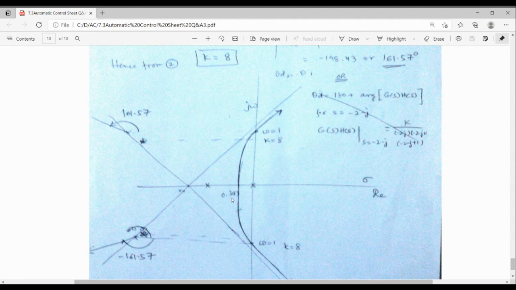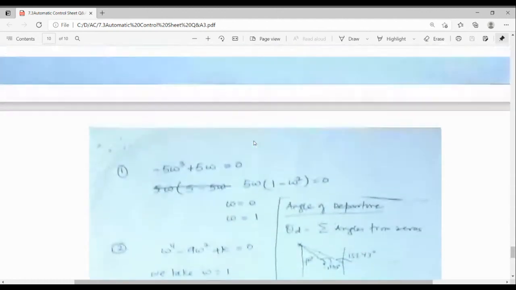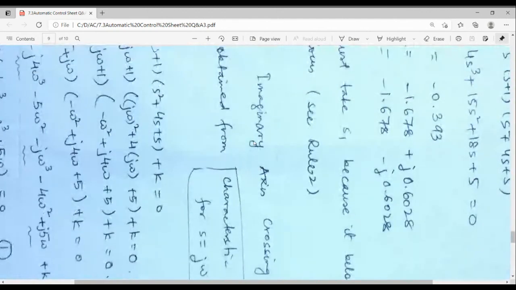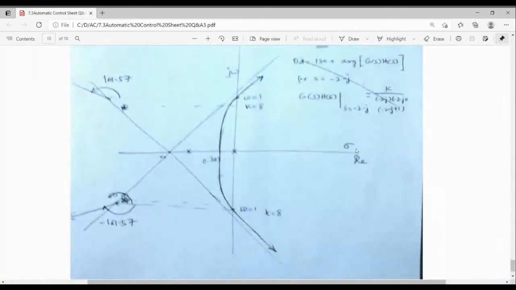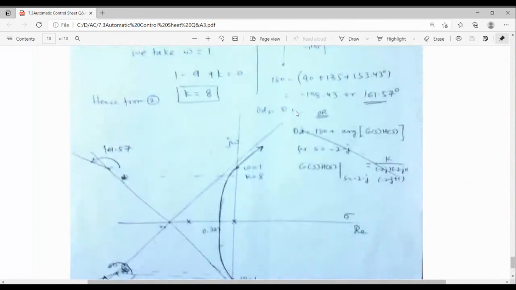This point is 0.393 as we took from here. It crosses this point, and one of the root locus travels along the upper asymptote, and one of the root locus crosses the other asymptote when k equal to 8. This is the root locus.